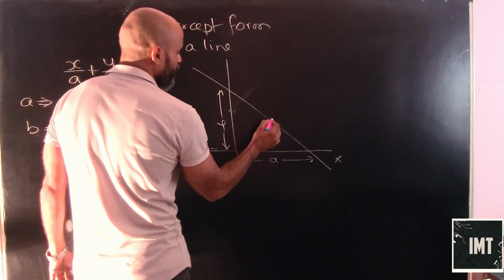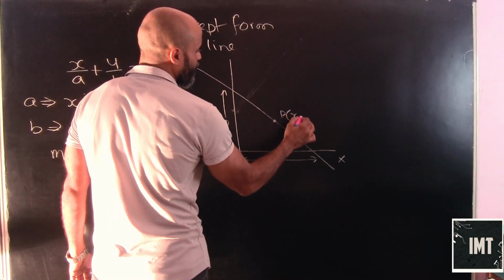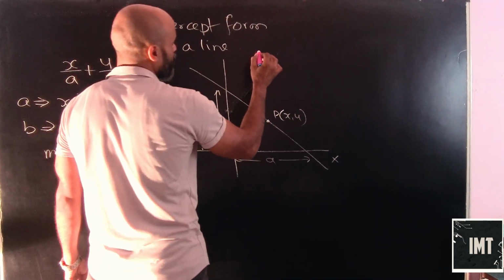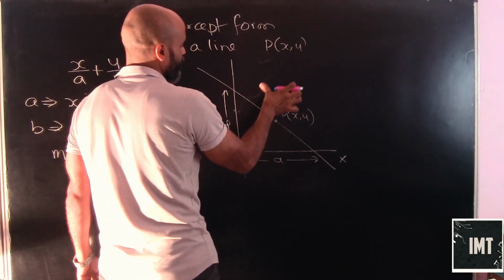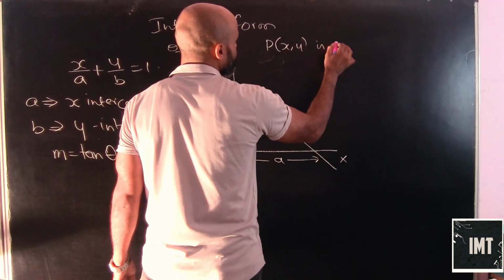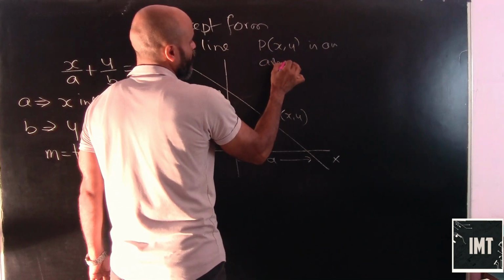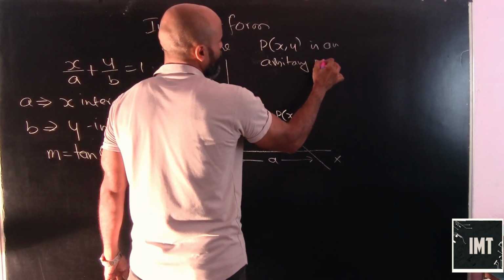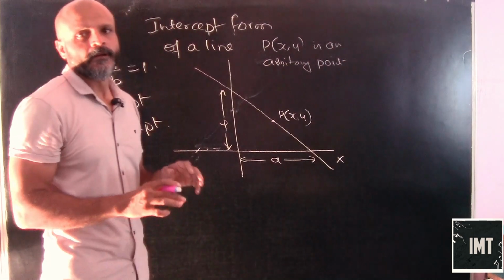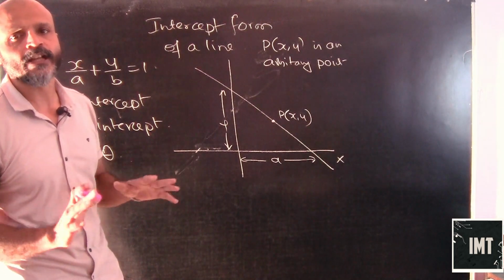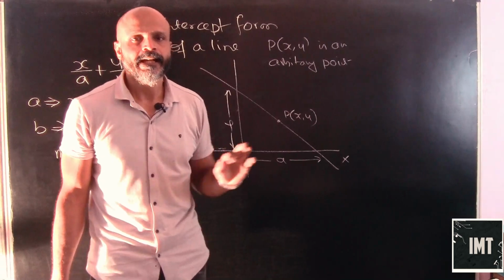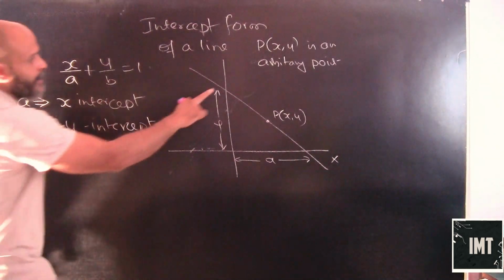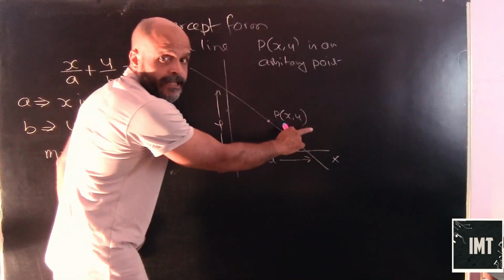What we do is we take any arbitrary point. P with coordinates x and y is an arbitrary point. Arbitrary basically means any point on the basis of which we can define the equation of the line. So the arbitrary point we have here is x, y.